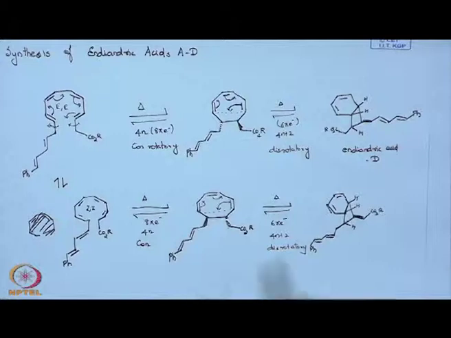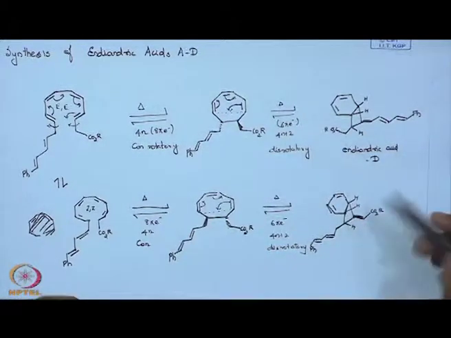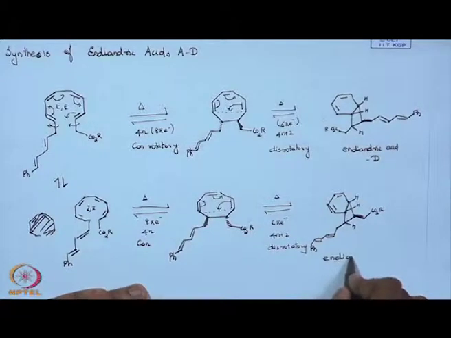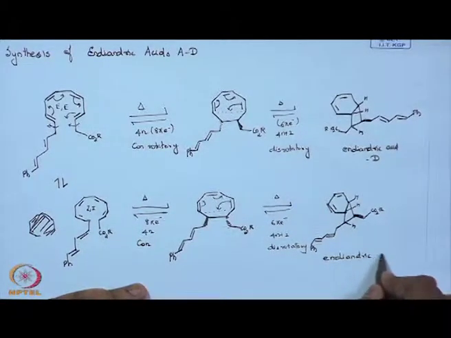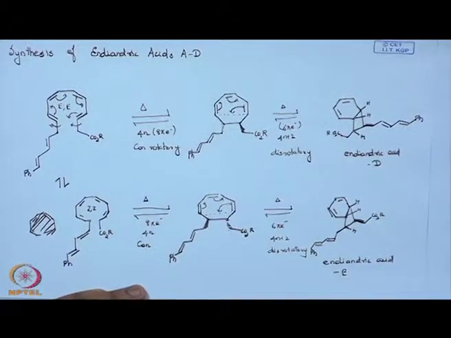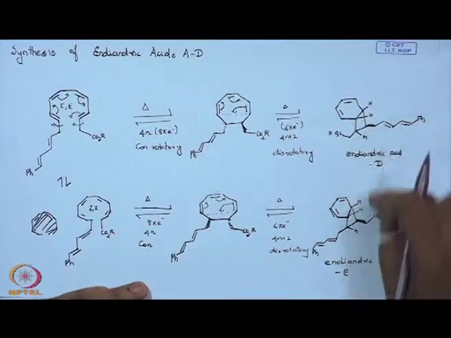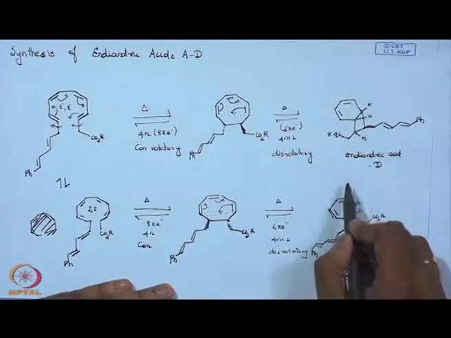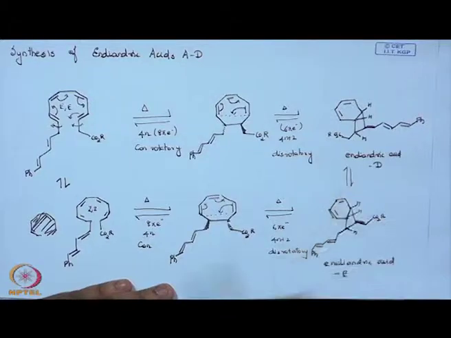See how these two products, now this is called as endiandric acid E. Okay. So, what are these two? How are they related? How do they look for you? See, I can just do like this. Is it possible?